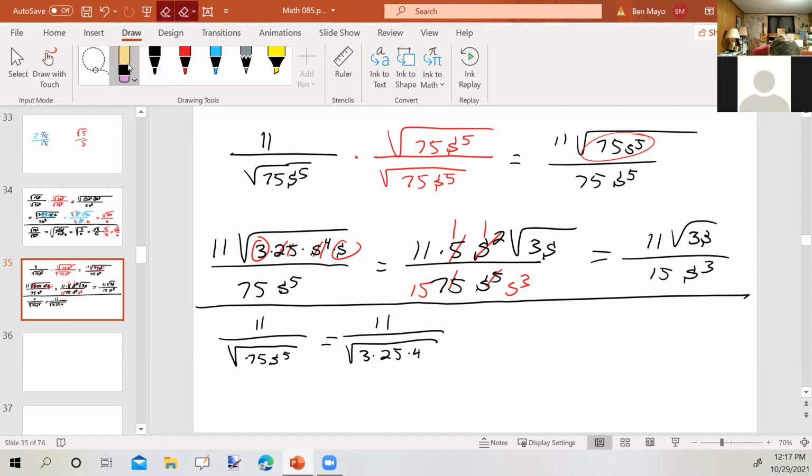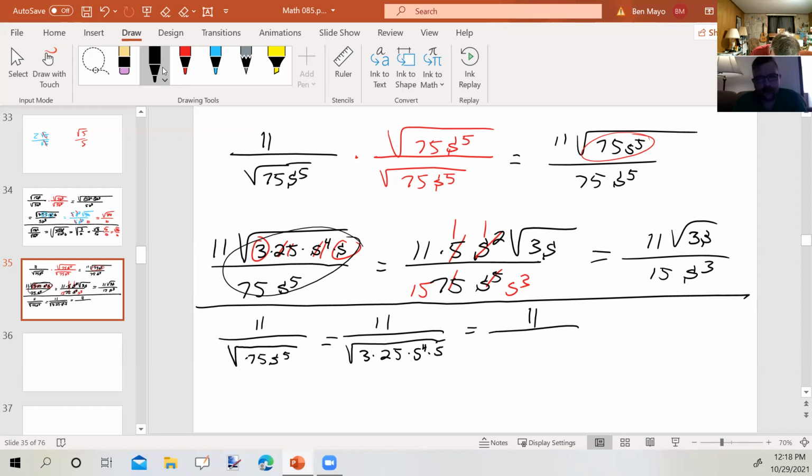So I'm basically doing the same thing I did up here, but I'm doing it up front instead of at the end. Let's see. So this is s to the 4th times s. Okay. So I've got 11 on top. I've got the square root of 25, which is 5, the square root of s to the 4th, which is s squared, and then the square root of 3s.